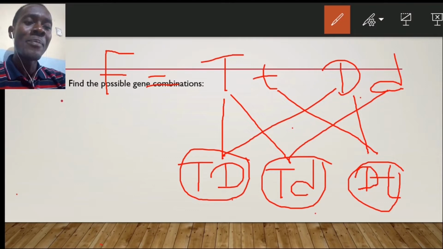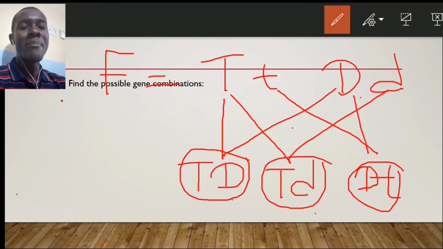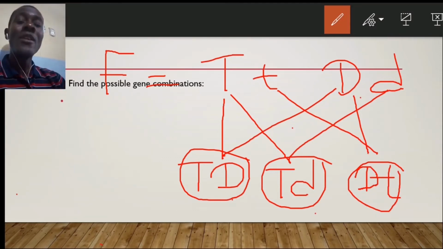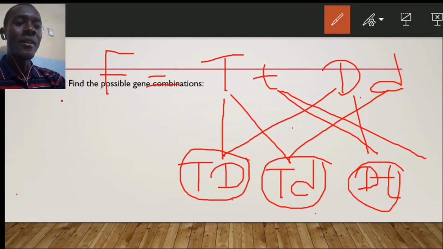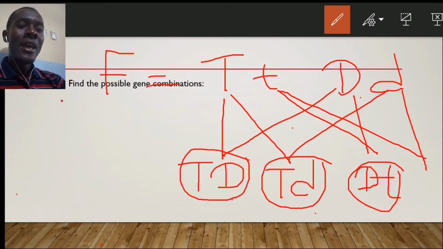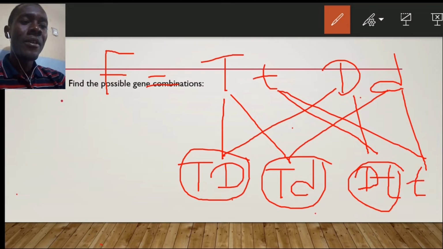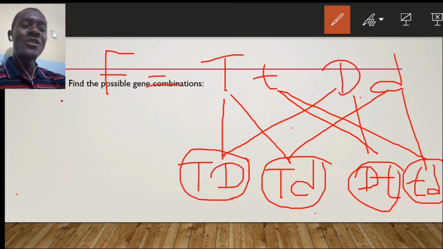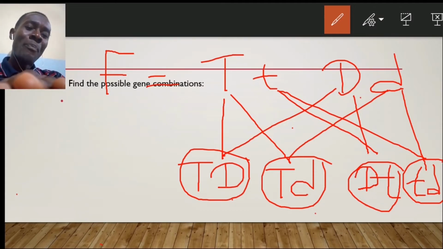This is another possible gamete that can be formed in such a man. All these things are among the millions of his spermatozoans. Then you can also have a gamete of his where you have the recessive short gene with the recessive fair gene. It's quite interesting, the study of genetics. So this is the possible gene combination that you can find in the man.